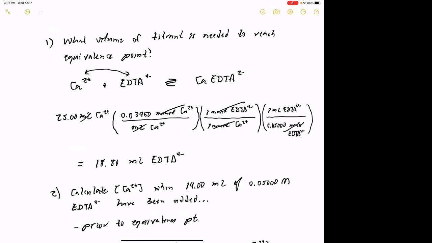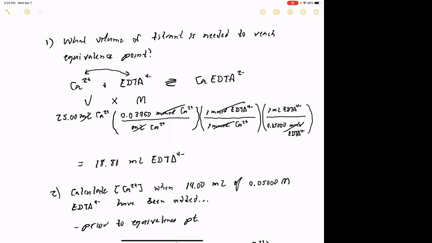We can set this up with a mole bridge from the standpoint of the thing we can get the moles of, which is the calcium. How come? Because I have a volume of the calcium and a molarity of the calcium, and remember, volume times molarity gives us moles, or millimoles in this case, since we're doing millimoles per milliliter.